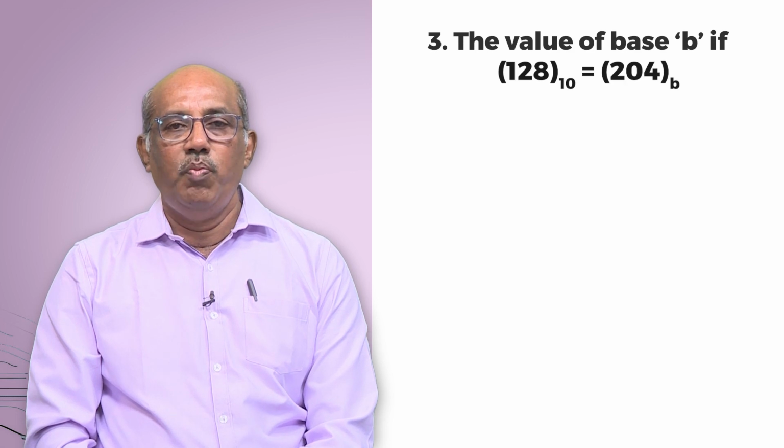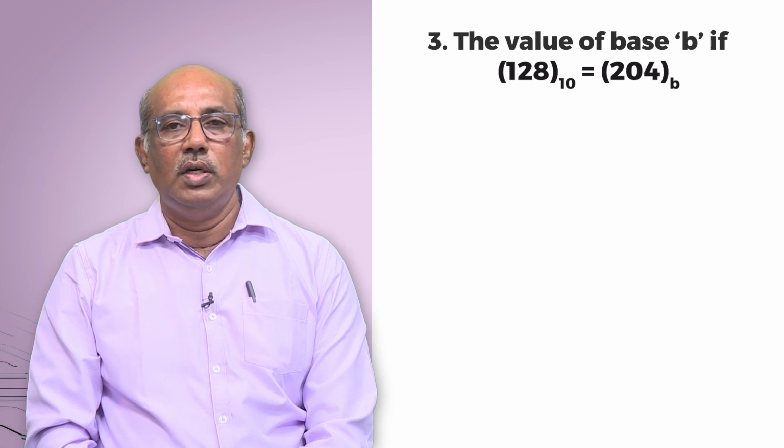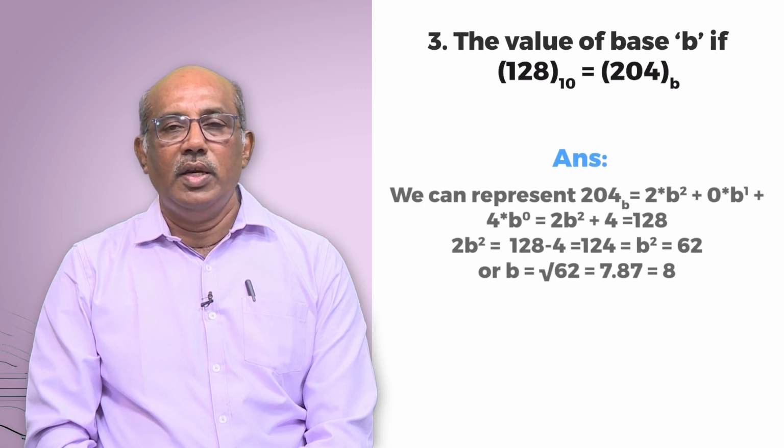Now, moving on to the next question. Find the value of base b if the number 128 given in the decimal number system equals 204 with the base or radix unknown, which is given as b. So, we all know how to convert a binary number to a decimal number system. What we do is that in a binary number, we multiply the bit value with the corresponding positional weight.